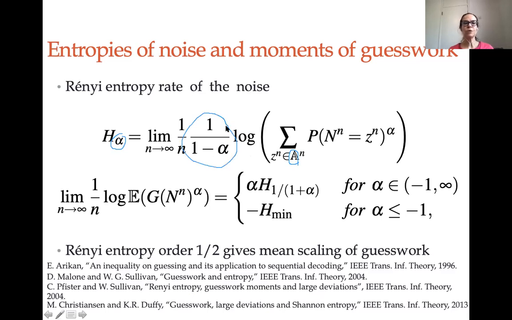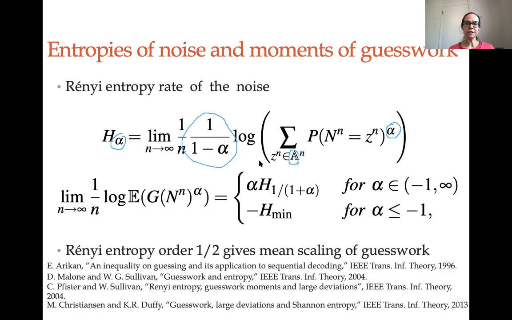But if we were to take the limit of this Rényi entropy of order alpha when alpha goes to 1, this actually would get back to the Shannon entropy. You can play around with it on your own and check that out. But basically what happens here is that you're looking at this alpha, which is affecting the moment, and then this 1 minus alpha is in effect doing some appropriate normalization.